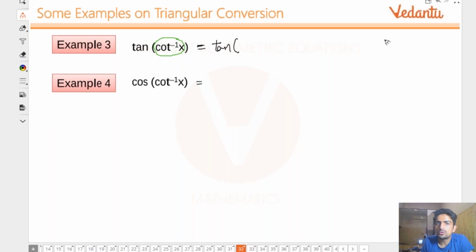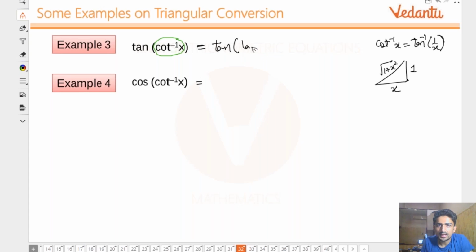Now, how to convert cot inverse into tan inverse? I'll make a triangle. Cot inverse is base by perpendicular. This comes out to be 1 plus x square. From triangle, it is 1 by x.